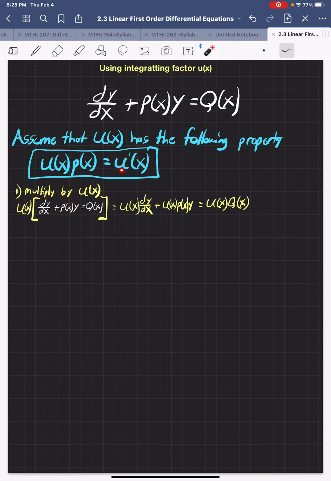Take a look up here at our assumption. Our assumption is that whenever we see a u of x times p of x, we can rewrite that as just u prime. So what's going to happen right now is I'm going to substitute u prime in here for u of x, p of x.